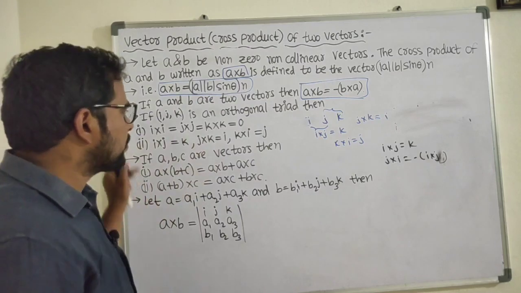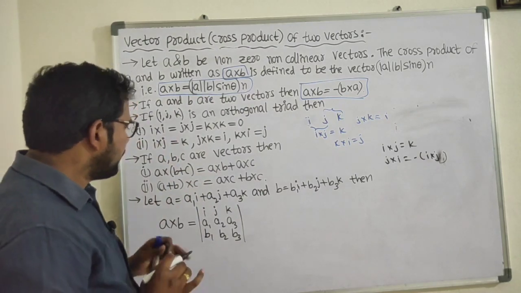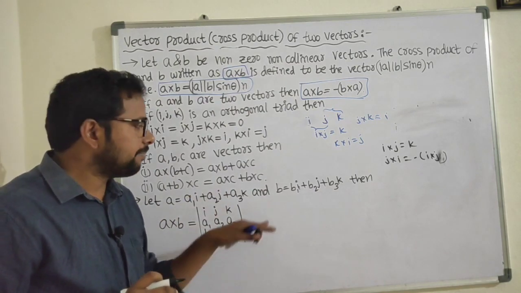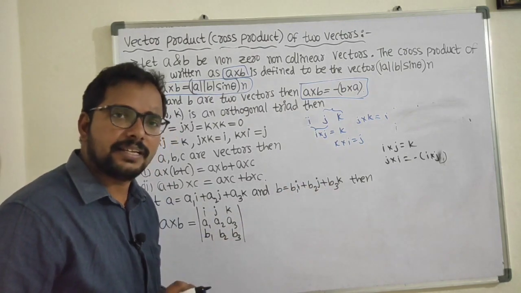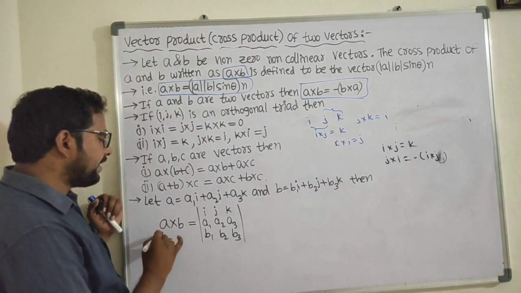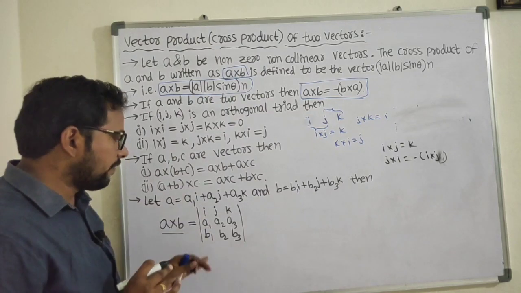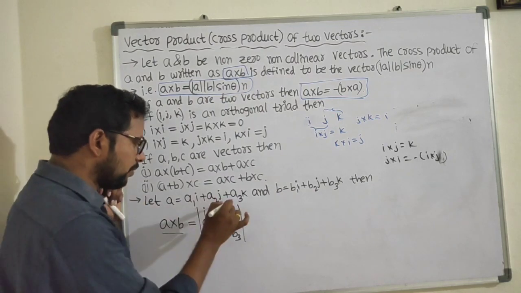So this is called distributive law. Let A = A1i + A2j + A3k and B = B1i + B2j + B3k. Then we define A cross B as the determinant of i, j, k.